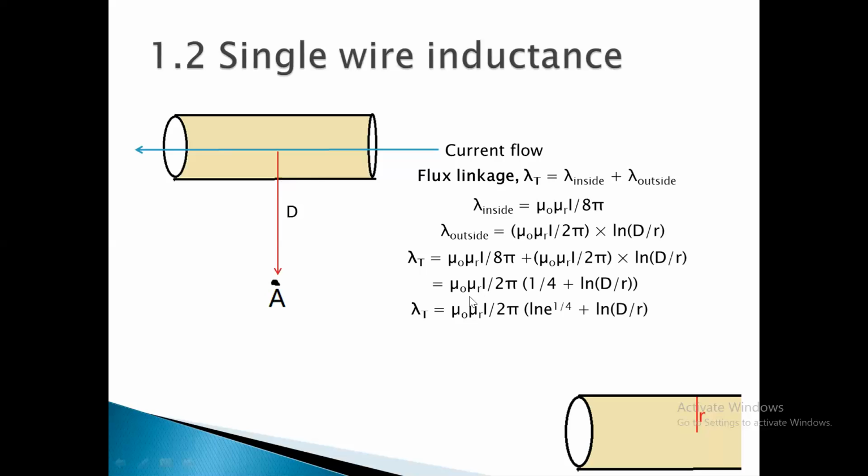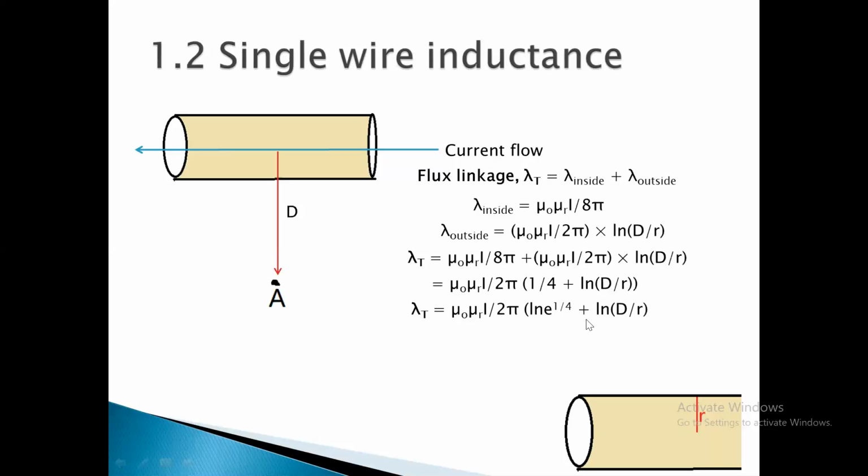I will take it common from here, and then inside it will remain, because 4 multiplied by 2 is 8, so I will just take 2 here. I take mu naught mu r I divided by 2 pi outside, then what will remain inside? It just remains 1 divided by 4, because 2 multiplied by 4 is 8, plus the whole thing from this part of the equation will go outside. So inside we'll just get natural log d divided by r.